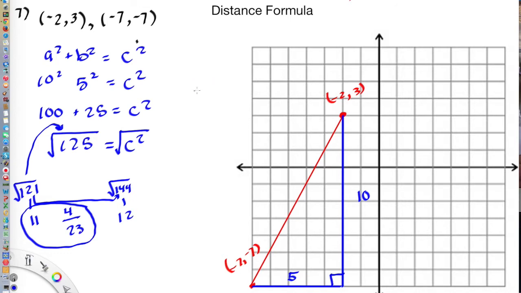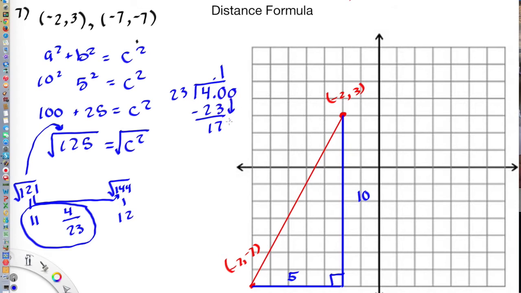So now we're going to have to do a little division here, which would be 4 divided by 23, because 4/23 is a fraction, but if we divide it through, we're going to get a decimal answer. Okay, so 23 would go into 40 one time with a remainder of 17.